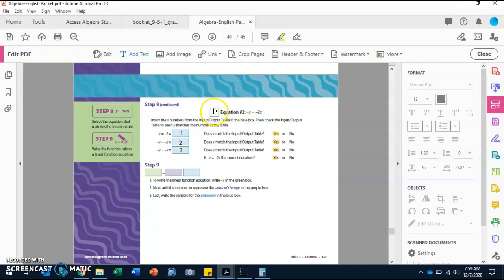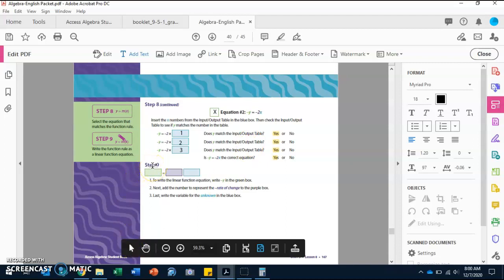Can this help us solve for what we have in the input and output table for Xavier's weight loss? Yes, boys and girls, you're correct. Awesome. So I'm going to put an X. You can put a check mark, anything that indicates that this is our equation. Equation number 2 is the equation that we use for the input and output table and the line graph we were graphing.